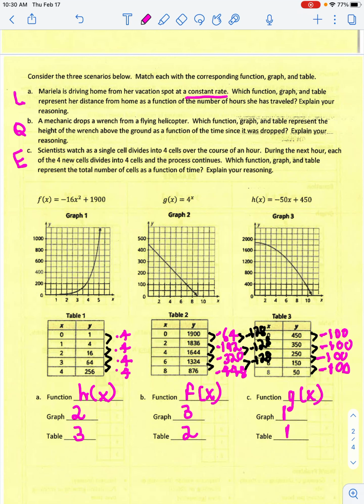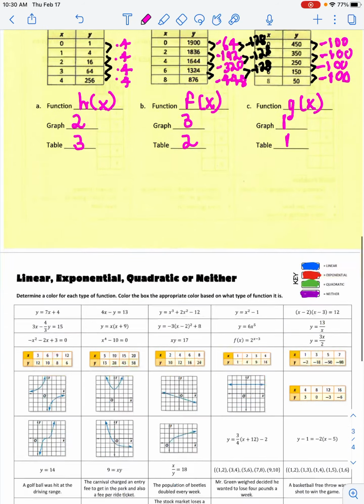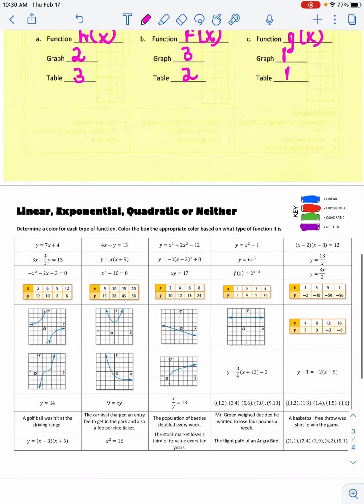So what you are going to try to do in your homework, which can be found in Canvas, and you can upload it there, I have it uploaded here, is you're going to download this worksheet. You can either print it off or you can upload it to Canvas and complete it there, but you want to complete the key at the top. I already, in Notability here, picked 4 colors for linear, exponential, quadratic, and neither.